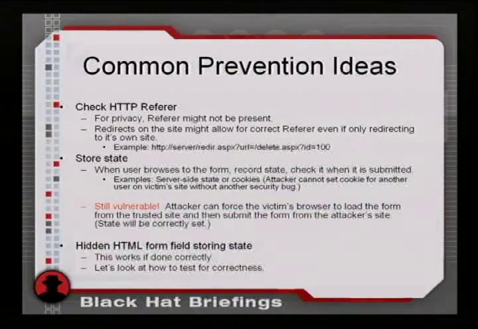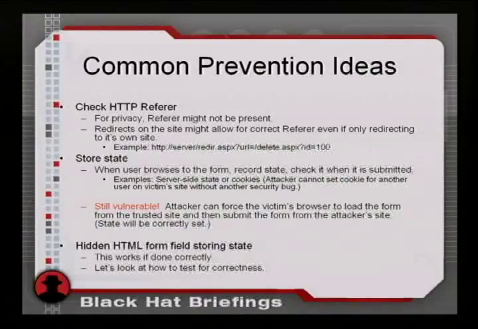So we're not here just to talk about how to pull off attacks, but also how to prevent them. So here are some common ideas for ways to prevent the attack. The first one is people commonly say, let's use the HTTP referrer. The reason they suggest this is because the malicious form is coming from a different site than the one receiving it.